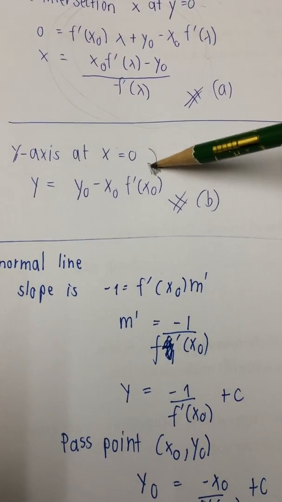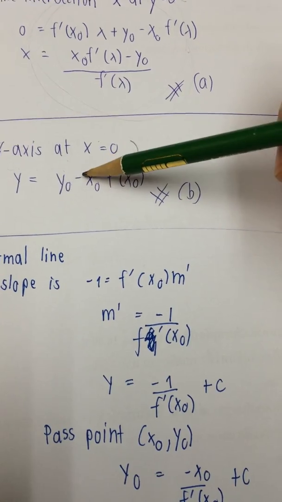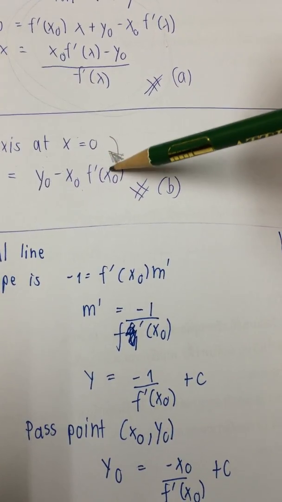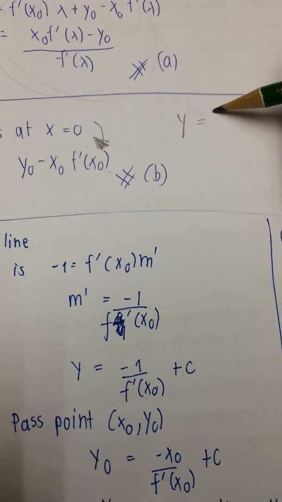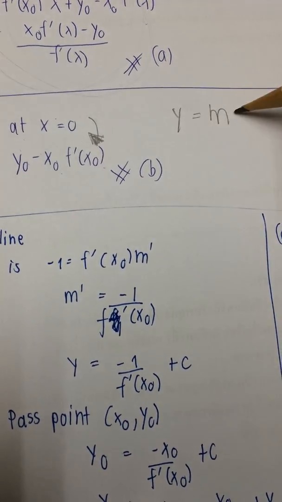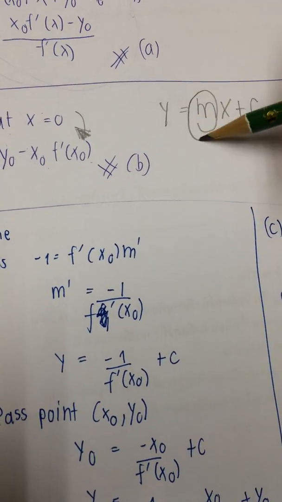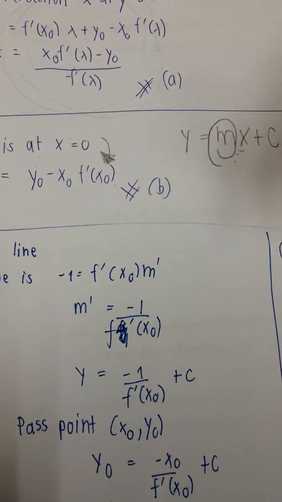That's how this equation is true: y equals y0 minus x0 times f'(x0). Because we learned that the equation is y equals mx plus c, right? And m is the slope of the line. And yeah, we're done with question B.